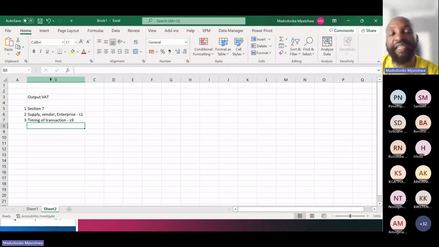Look, for me, this makes sense in a sense that if you think of Matodonke, who happens to have one vending machine, it does look like, okay, Matodonke is going to take those coins whenever he wants to take those coins, in order for him to manipulate his VAT.